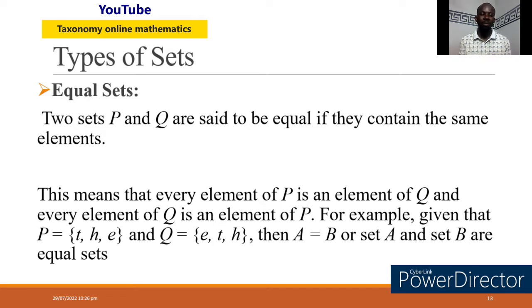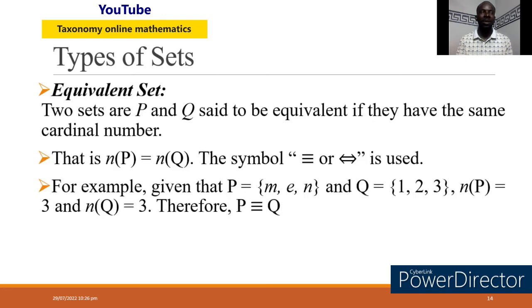Equal. For example, P is the set of T, H, E. Then Q has E, T, H. Since they have the same elements, written in ascending and descending order, jumbled together, we still have the same elements, the same number, which is 3, 3. So we call it an equal set. Set A is equal to set B. Then on the other hand, we have the equivalent set. 2 sets are said to be equivalent if they have the same cardinal number, meaning the number of elements is the same.